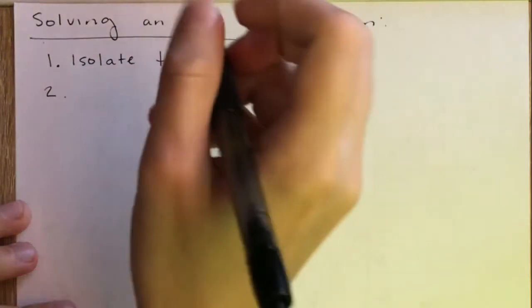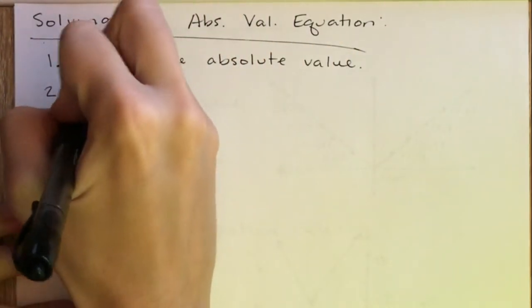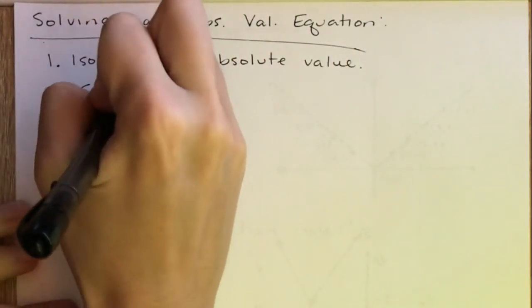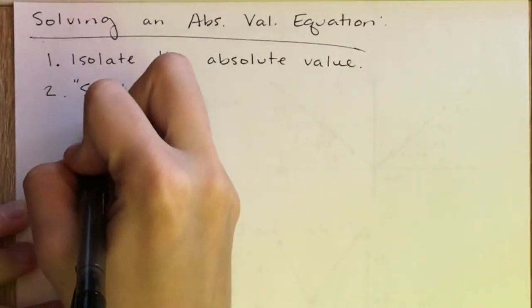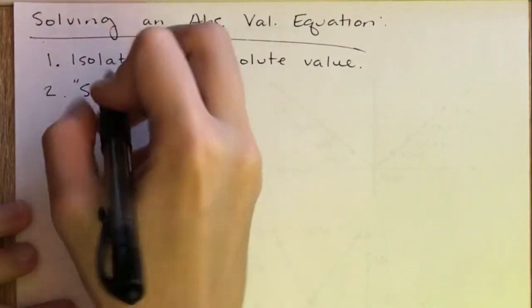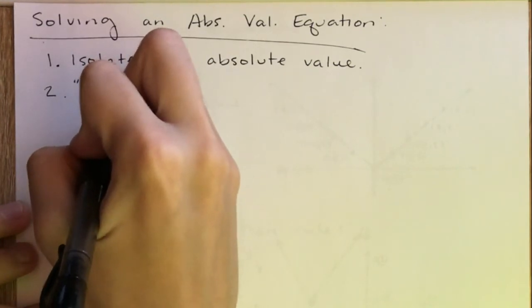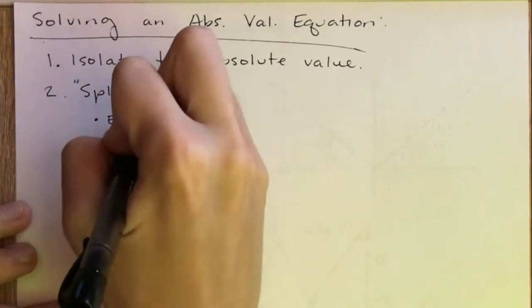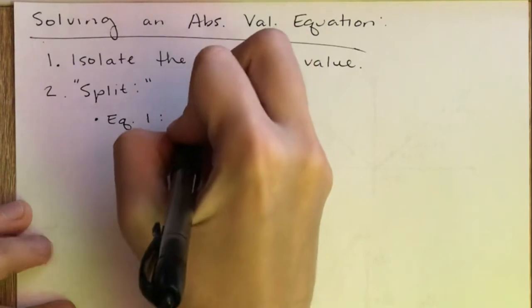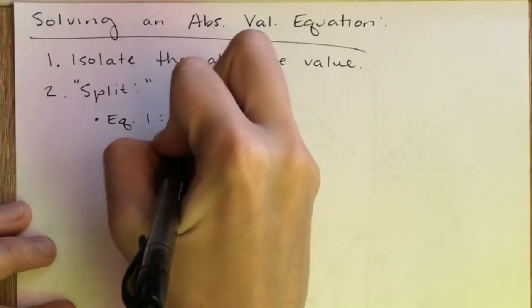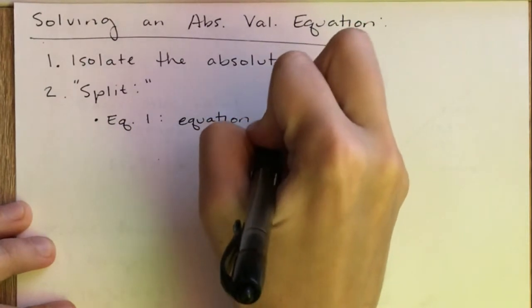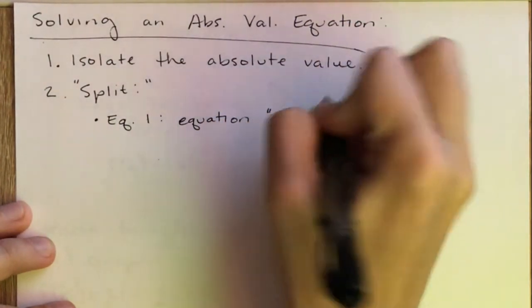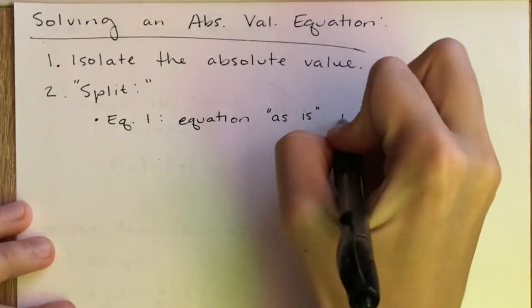So we isolate the absolute value, then we want to split. What do I mean by split? Well, we split into 2. We have our first equation, equation 1. This is the equation as is, with absolute value bars removed.